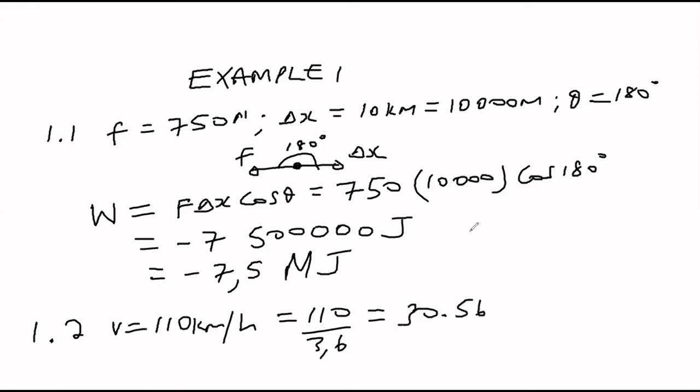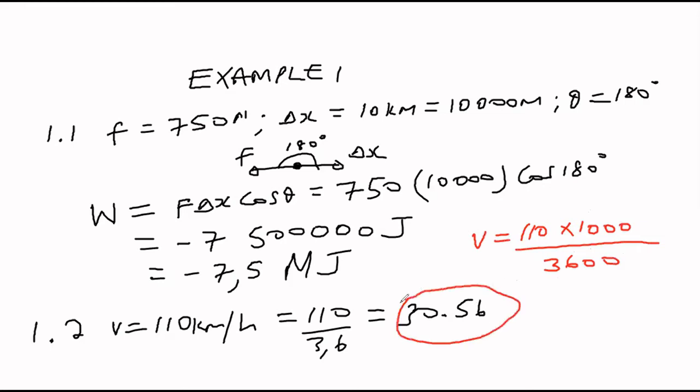Or what you can do, you can say V is equal to 110 times 1,000 meters, because in a kilometer we have 1,000 meters, divided by 3,600 seconds in an hour. Then we get this answer, 30.56 meters per second.